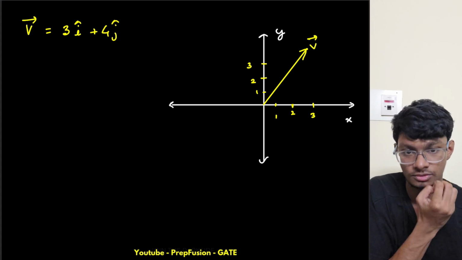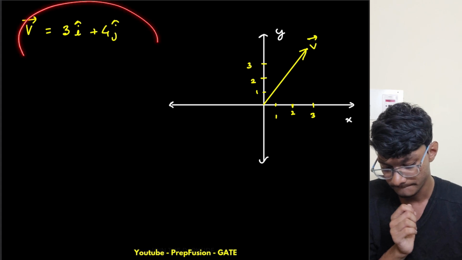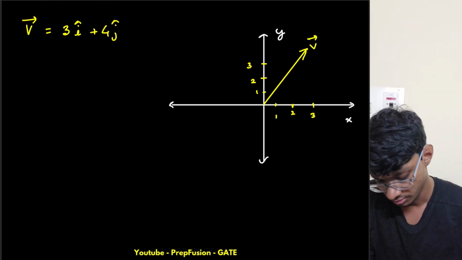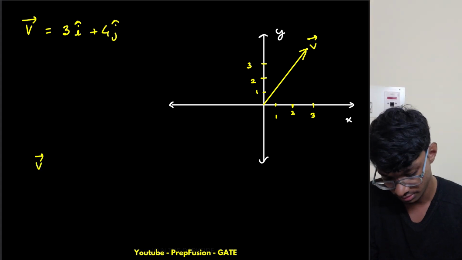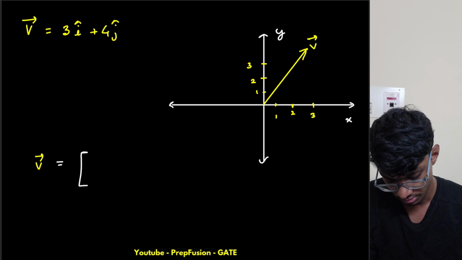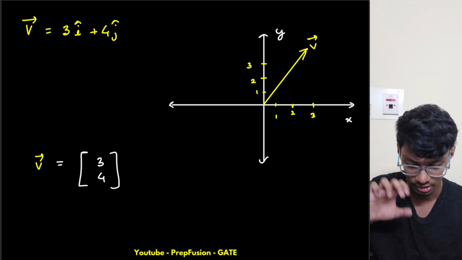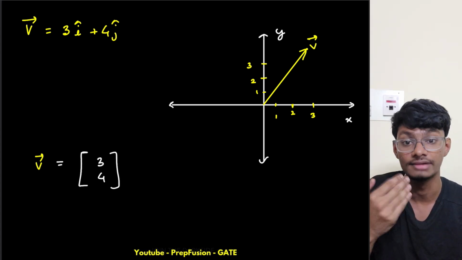But what a matrix helps us do is transform the basis vectors. So v can also be written in matrix format, like 3, 4. Now what does the matrix format help us do?